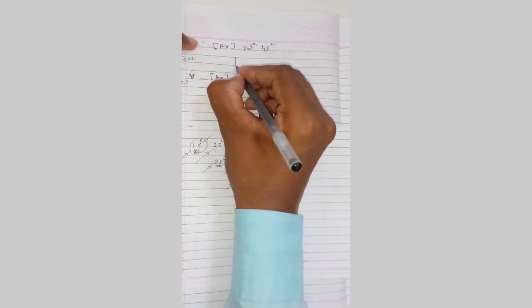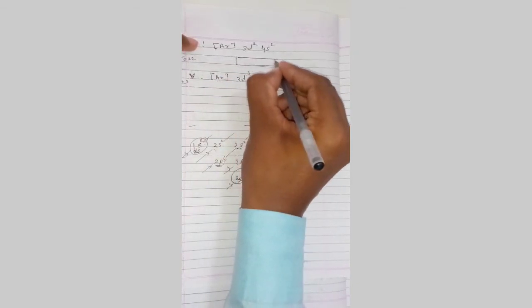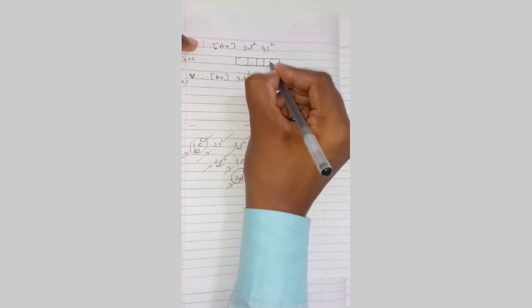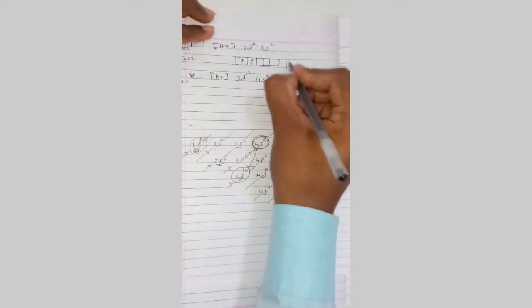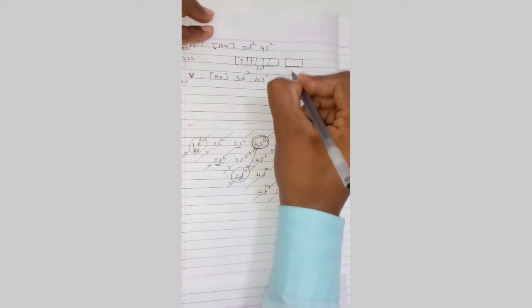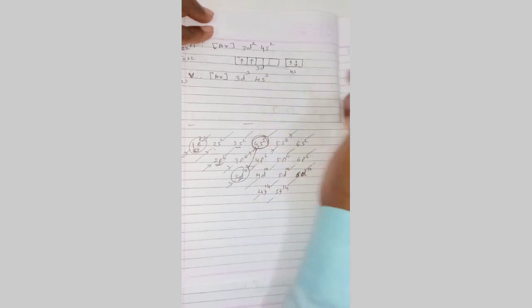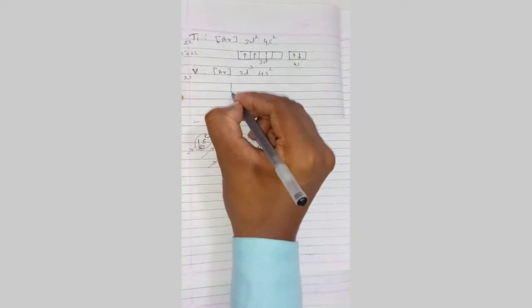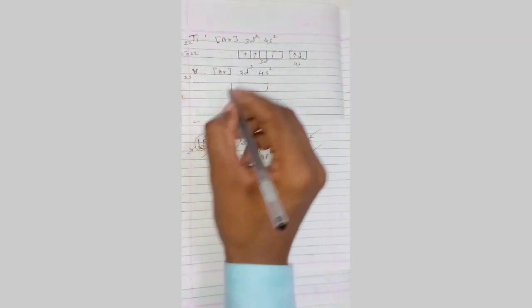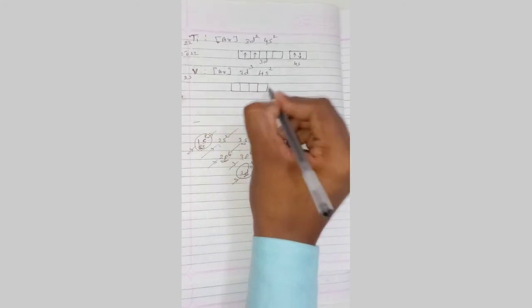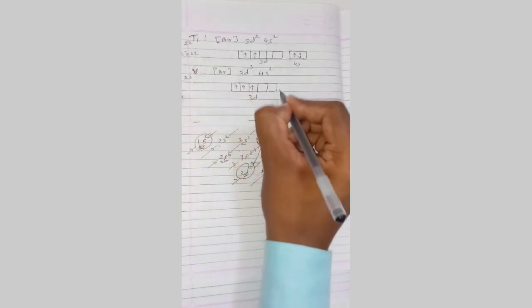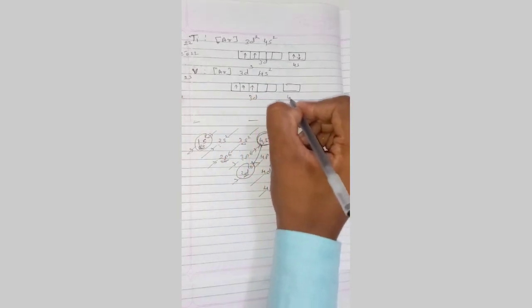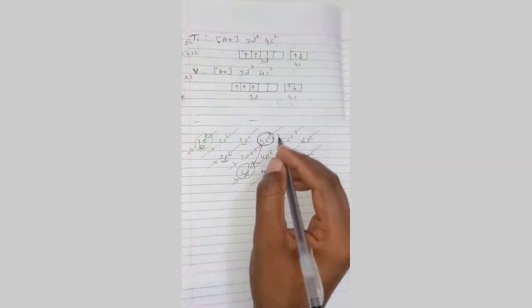So here 3d has 3 electrons and 4s has 2 electrons.